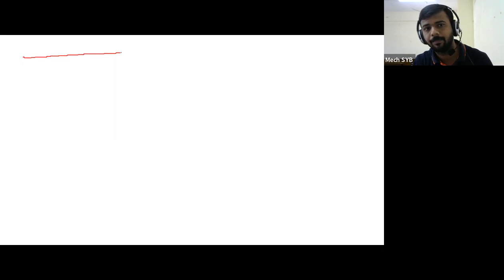Directly I will give the loading diagram and you have to draw the SFD and BMD. So take this particular problem. Draw this figure directly.